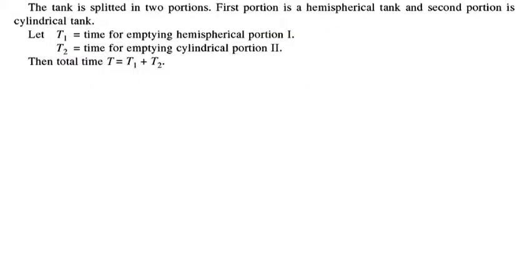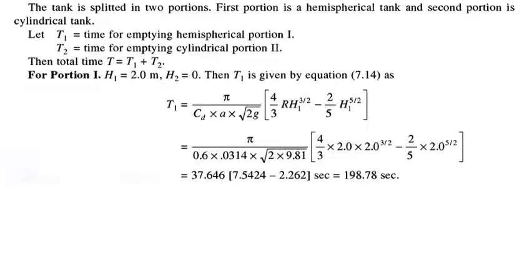The tank is split in two portions. The first portion is hemispherical, the second portion is cylindrical. So we have to calculate the time for emptying the hemispherical portion and the time for emptying the cylindrical portion. And total time will be T1 plus T2. For portion 1, H1 is equal to 2, H2 is equal to 0.